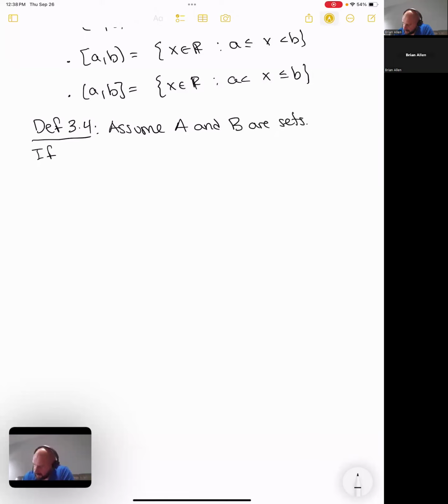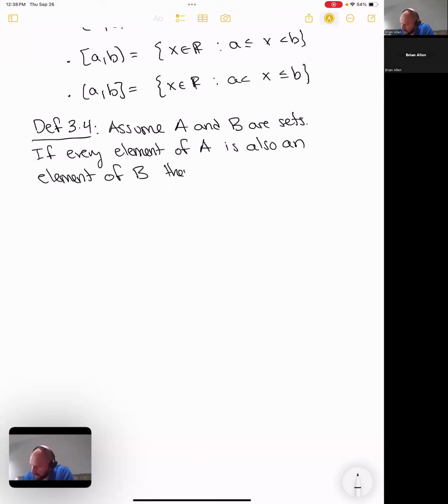So if every element of A is also an element of B, then A is a subset of B. And it's really important the way that we denote this. Denoted, A is a subset of B.